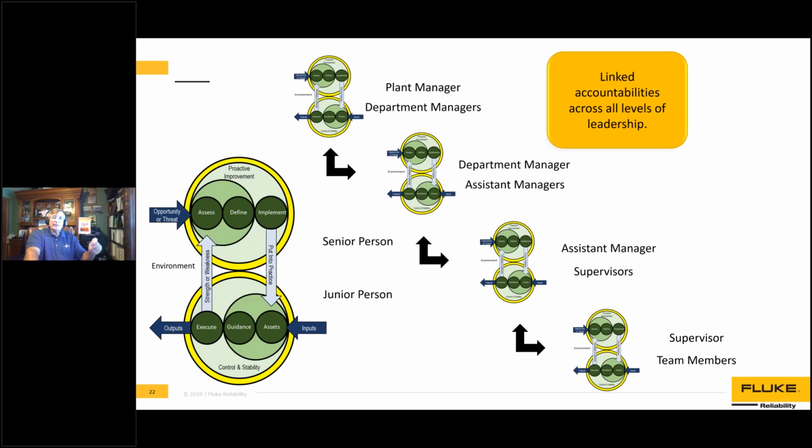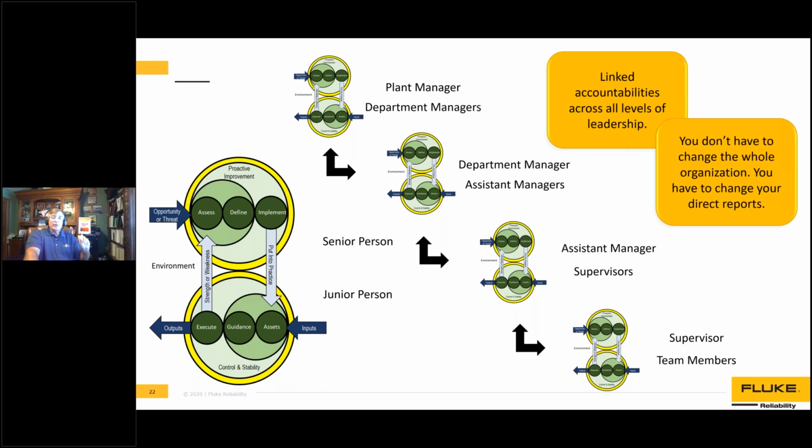So again, these are linked accountabilities across all levels of leadership. And as I stated earlier, you don't have to change the whole organization. You have to change the behaviors of the people that are your direct reports, right?